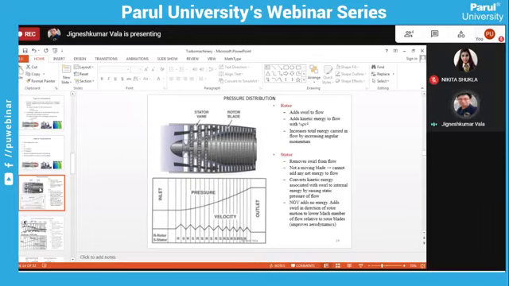Energy is a very important word in thermodynamics. Let us say we have a system and some heat is added to the system and some work is done by the system. The first law tells us that there is a property called energy of the system which will change as a result of the interaction of heat and work with the system, and we get the first law of thermodynamics.